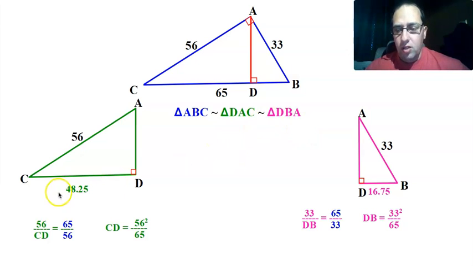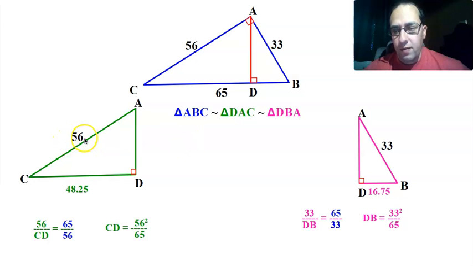Okay, so there's that. Now let's find AD. What is the length of the altitude for triangle ABC? Well, we can't figure it out from this, but I can figure it out from either one of these. I could use the green one or the pink one, either way. So I'm going to set up a proportion, and I'll use the green one because why not?